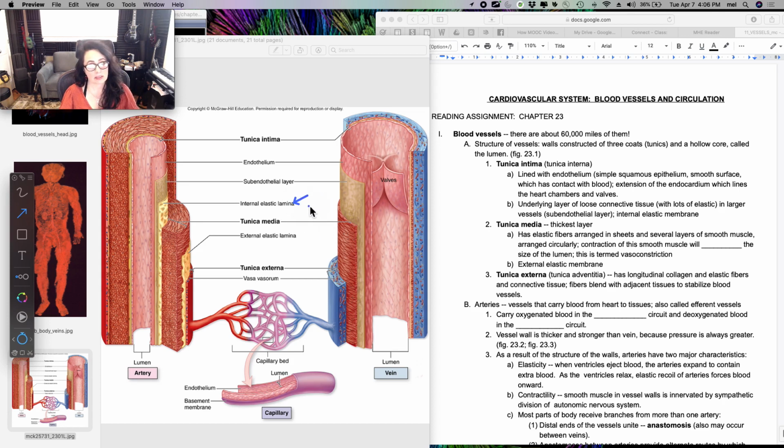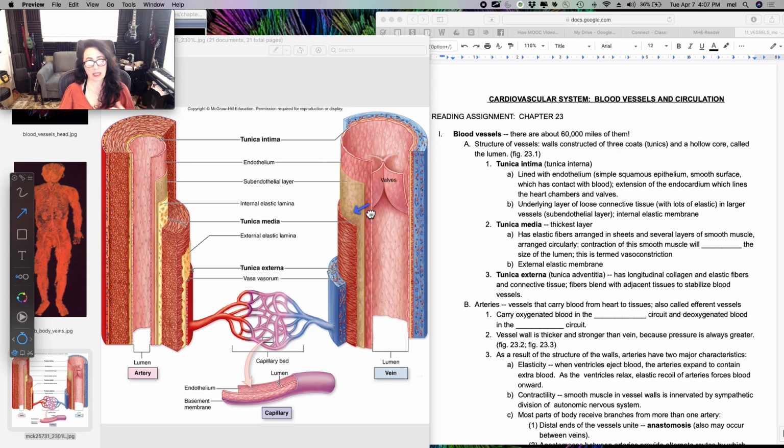It's an extra layer of elastic connective tissue that is deep to the loose connective tissue that's underneath the epithelial tissue. And please notice that a vein does not have that elastic layer. Veins do not need to be as elastic as arteries because they receive blood in trickles and arteries receive blood in squirts.